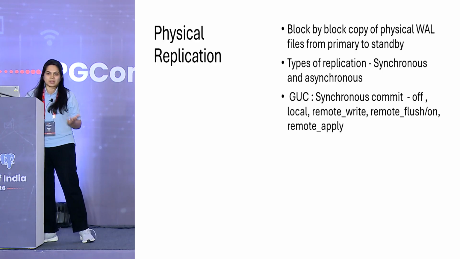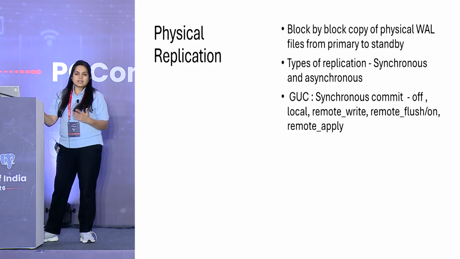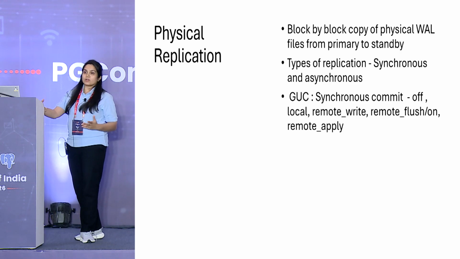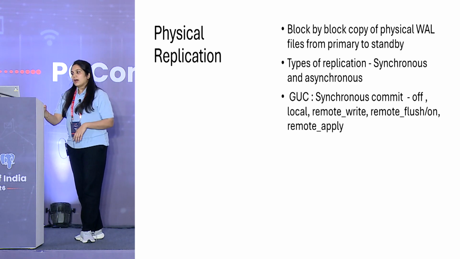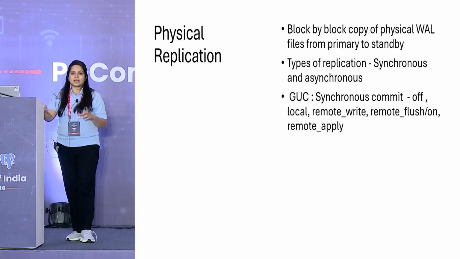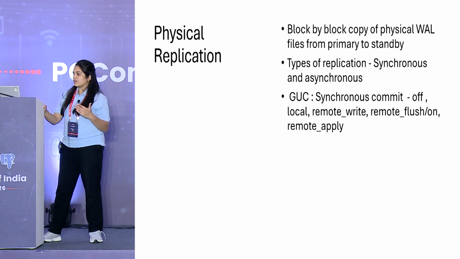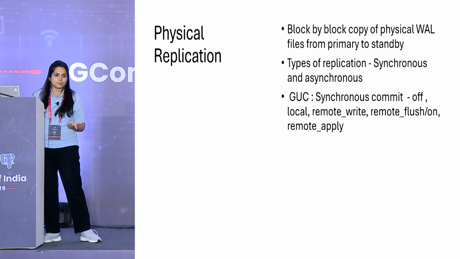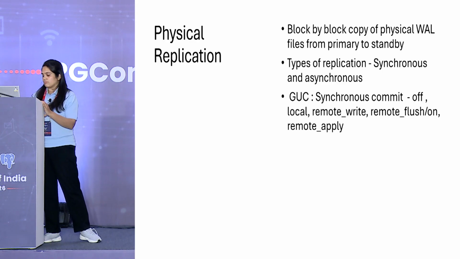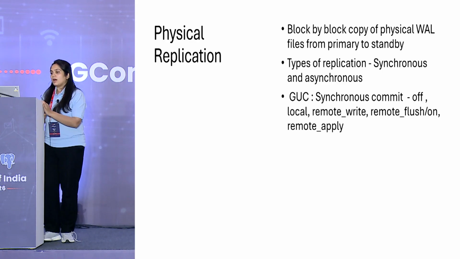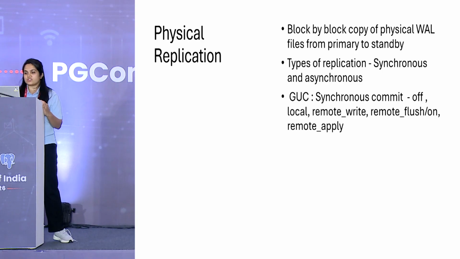What are the types of replication? Synchronous and asynchronous are two types of replication depending on the consistency level you need, and it is set by a GUC called synchronous commit. It can be set in the postgresql.conf file, as some of you may already know. There are various settings to this GUC.